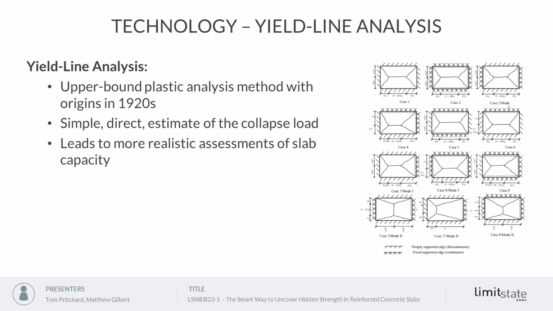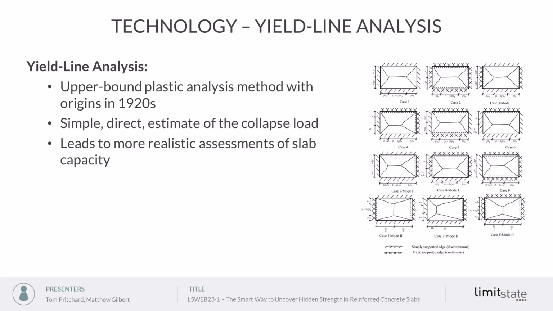So, as Tom mentioned, I'm just going to say a little bit about the technology that we're going to be using today. Now, we're basically going to be using something called the yield line analysis method. It's quite widely taught on university courses, but certainly not on all. For those of you who don't know about it, it's an upper bound plastic analysis method that dates back to the 1920s. The nice thing about it is that you can get a direct estimate of the collapse load.